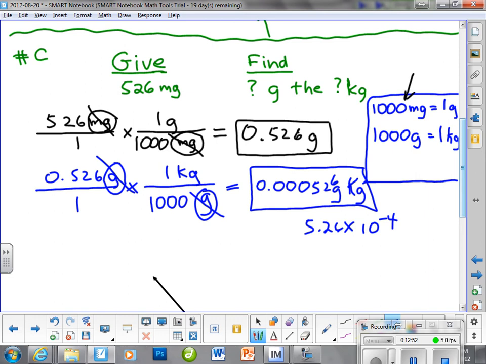That's what it'll say on your calculator. Now, is that really the same number? Okay, let's watch. That's why I have this little pointer here. For this number right here, our original, 5.26 times 10 to the minus 4.